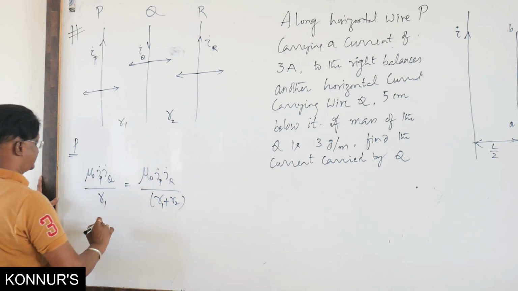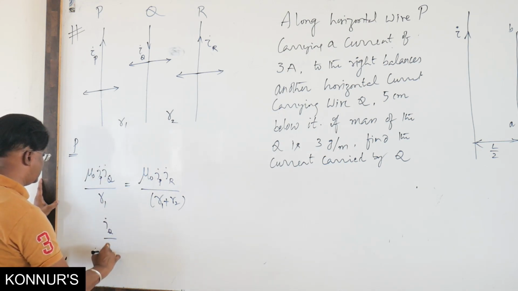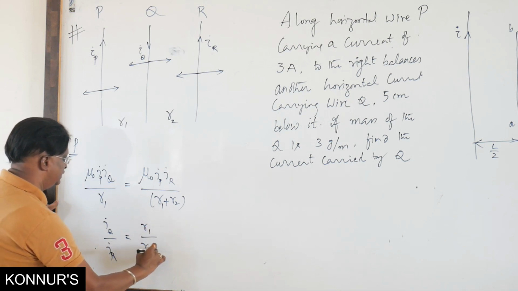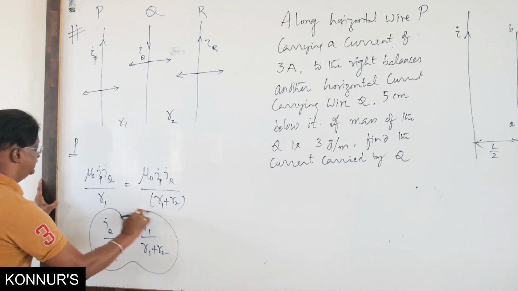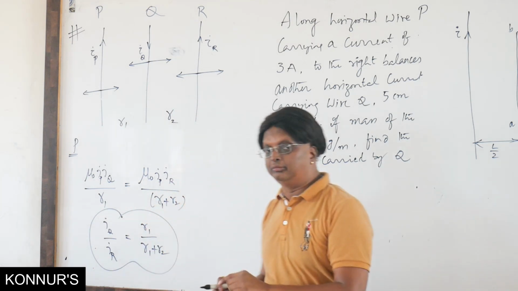Therefore, IP gets cancelled, and now you get the condition IQ by IR is equal to R1 by R1 plus R2. For this condition, remember, P will be in equilibrium.